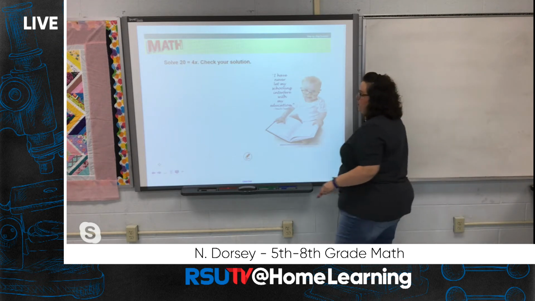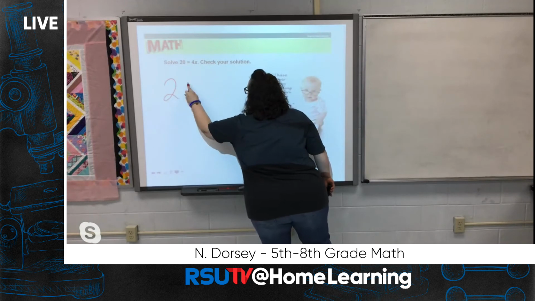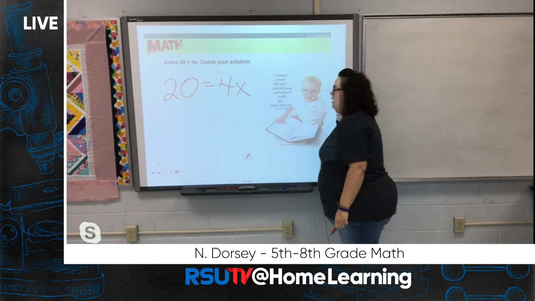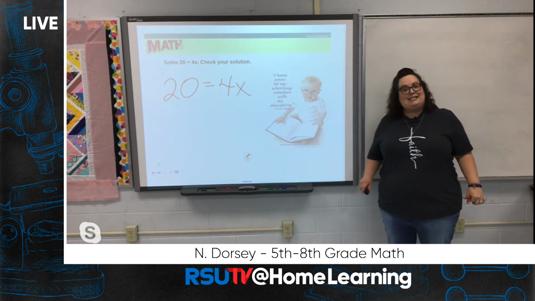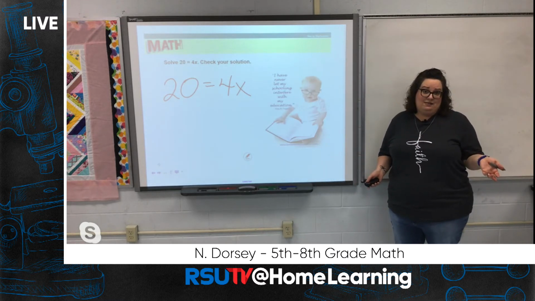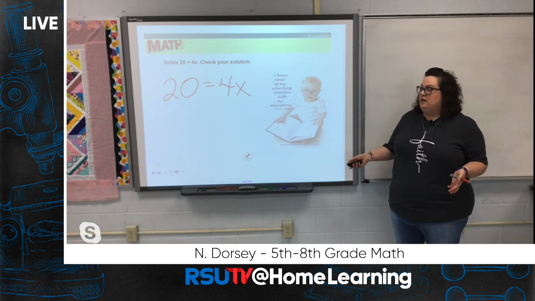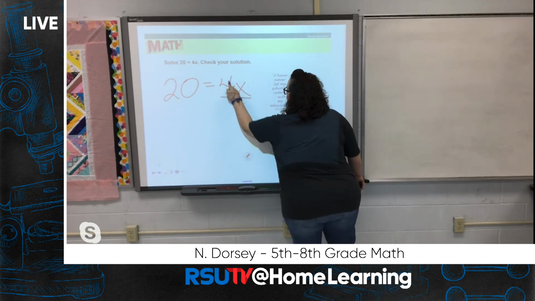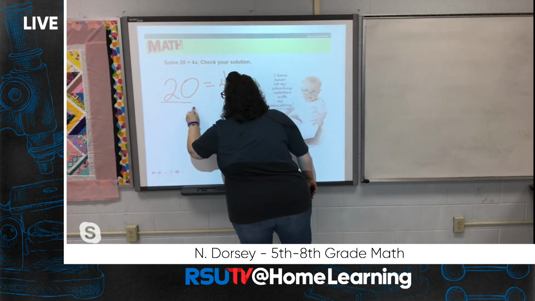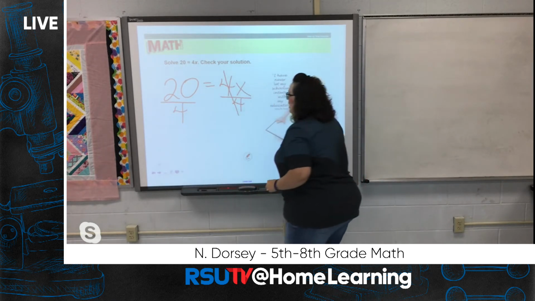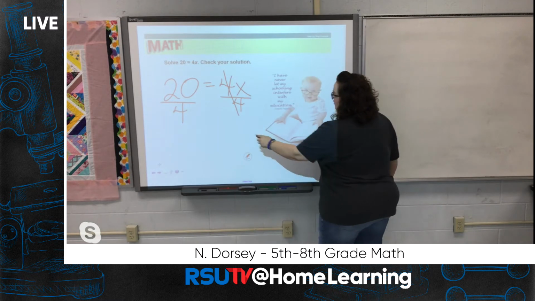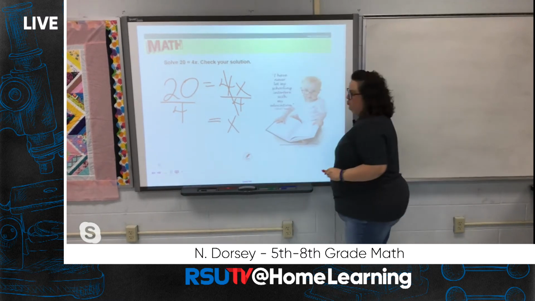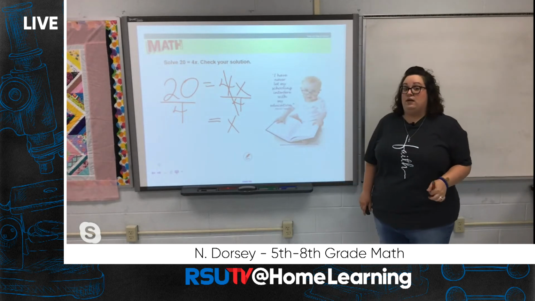So here we go. I'm going to rewrite the problem nice and big for you to see. And the x is still going to be what stays. So the opposite of that is division. So I'm going to divide both sides by 4. And I'm going to bring my x down, bring my equal sign down, and 20 divided by 4 is 5.